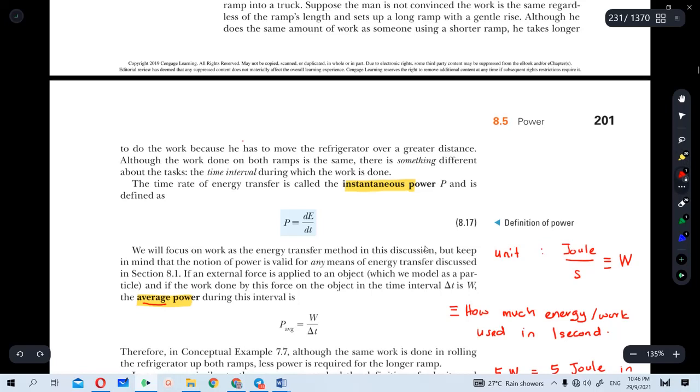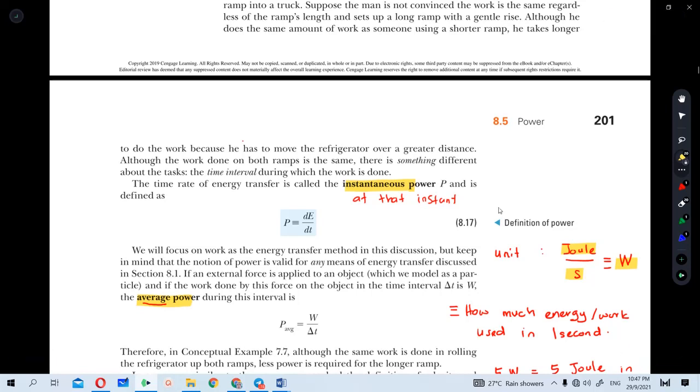The term instantaneous means at a specific instant, so at a specific time, what will be the power. Overall, these two have the same unit. It's just that they portray different situations. The unit is joule over second, or we call it watts.